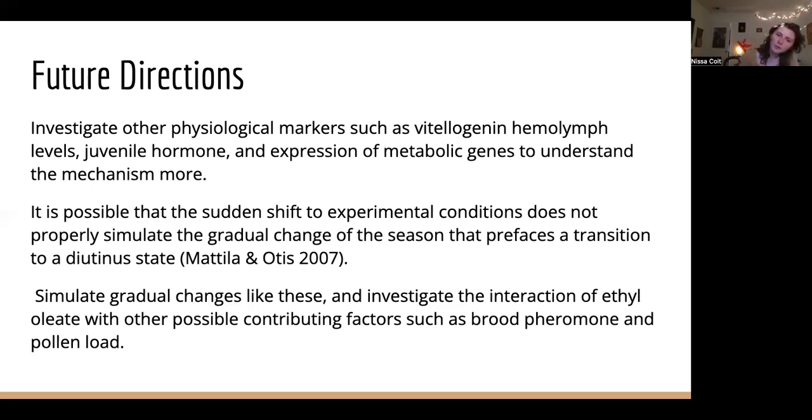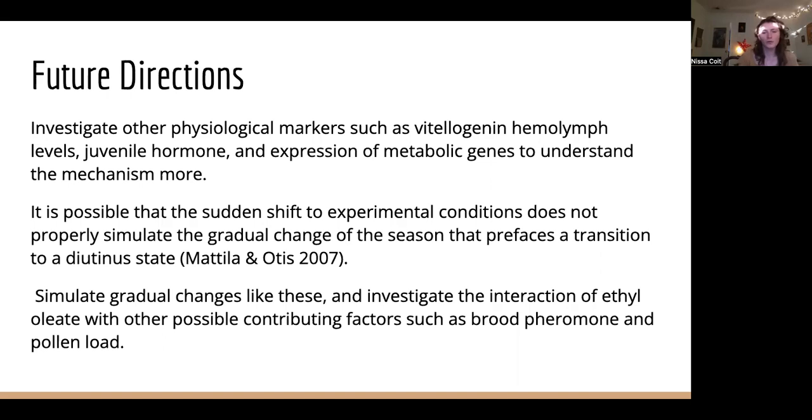It's also possible that the sudden shift from my experimental conditions of being in a normal summer hive to being in basically an incubator with a certain amount of pollen every day doesn't accurately simulate the gradual change of the season that prefaces the transition to a diutinus state.